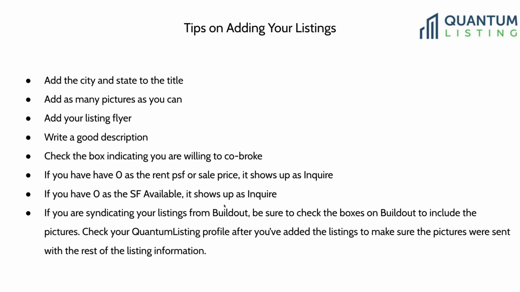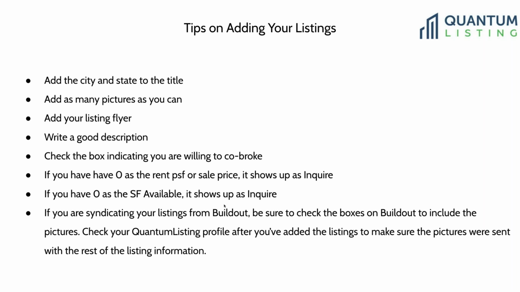And the third is a little box that says you're willing to co-broke it. When you check that box, there's a nice, friendly little silhouette at the top of your listing, and it just sends a positive signal to your fellow brokers that you're willing to work with them on that listing.